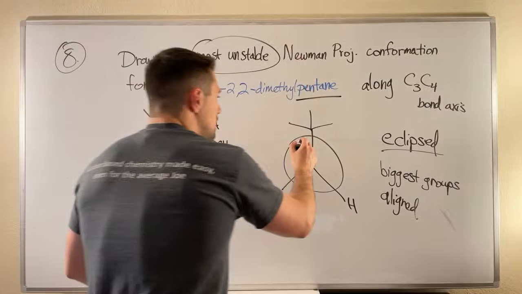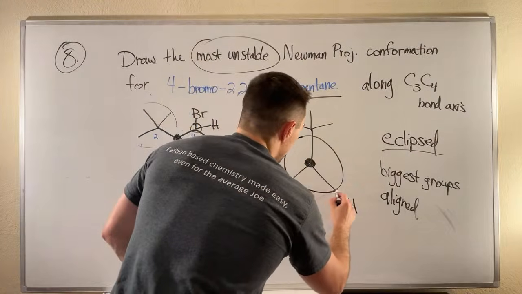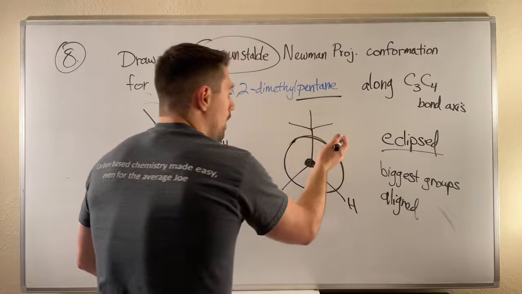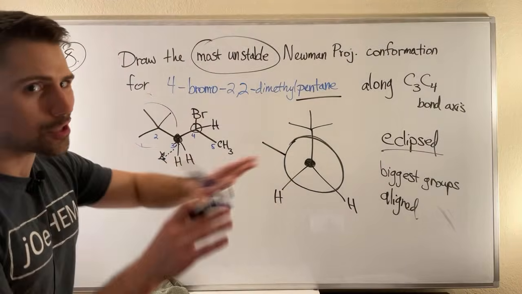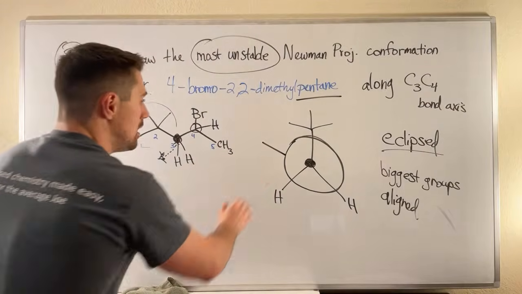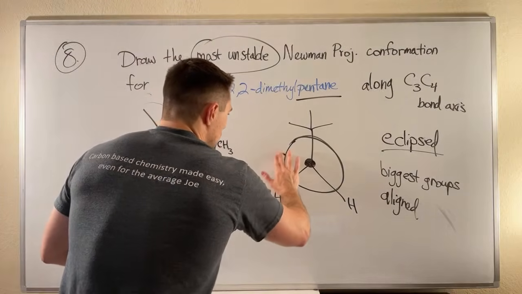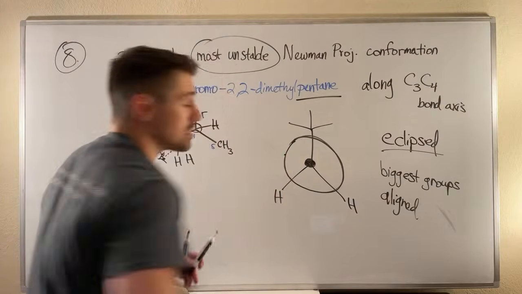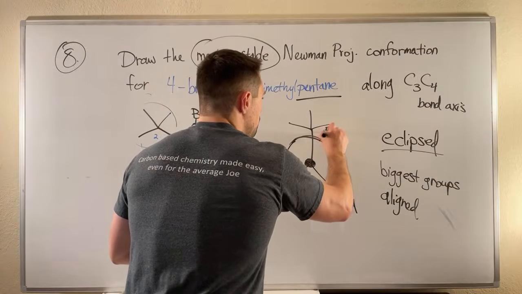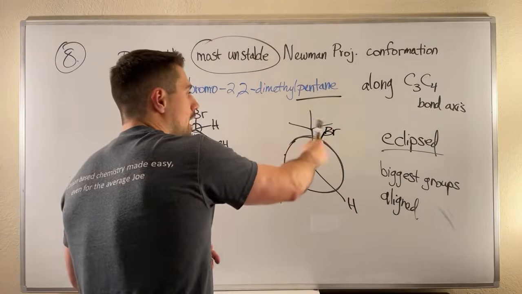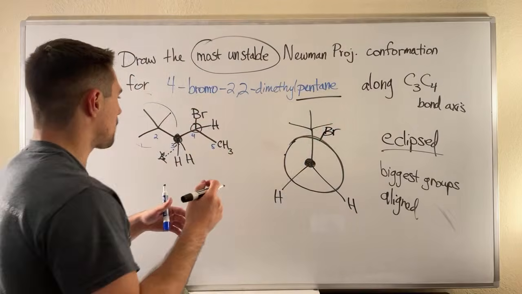So when I'm drawing these lines now from the back carbon, I want to make them eclipsed, right? If I draw something over here, that means I'm doing a staggered structure. We're not doing staggered. Any eclipsed structure has higher energy than a staggered structure. So what I'll do is I'll kind of draw bromine like this. Kind of indicates that they're in a line, but I can't draw it right behind.